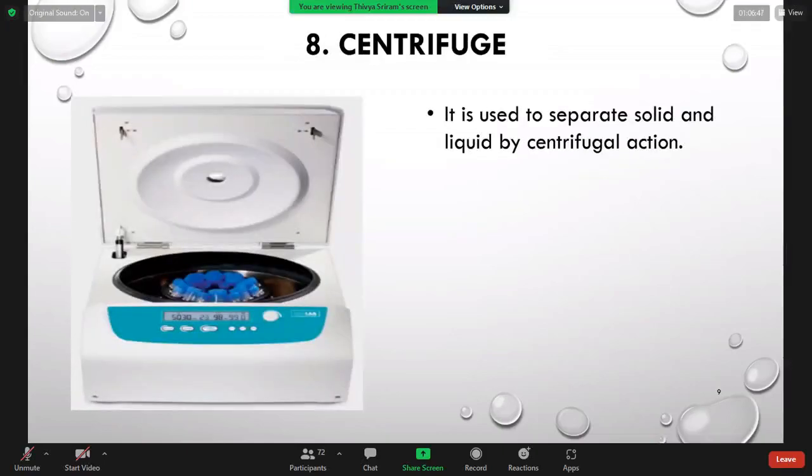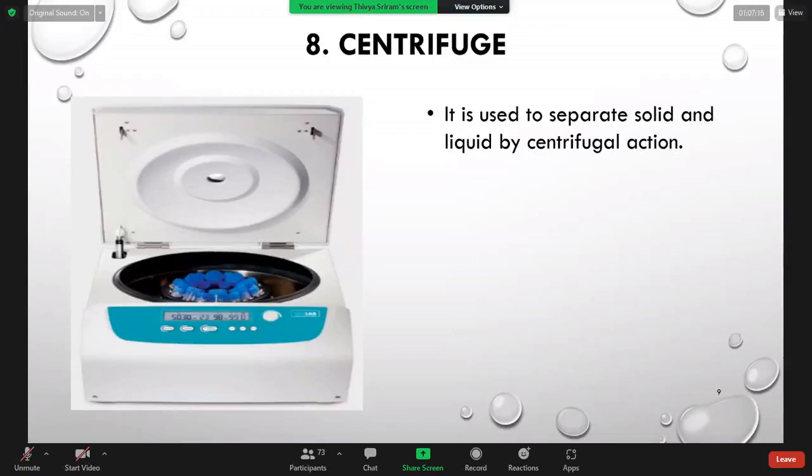Now we will see about the centrifuge. If the sample consists of both solid particles and liquid, and we want to separate the liquid from the solid in the particular sample, we can use the centrifuge apparatus. A good example for the usage of centrifuges is analyzing a blood sample.